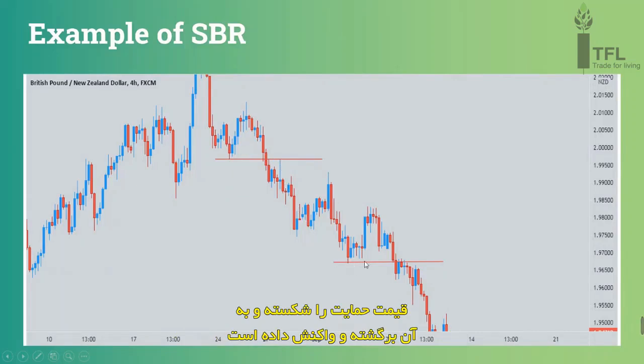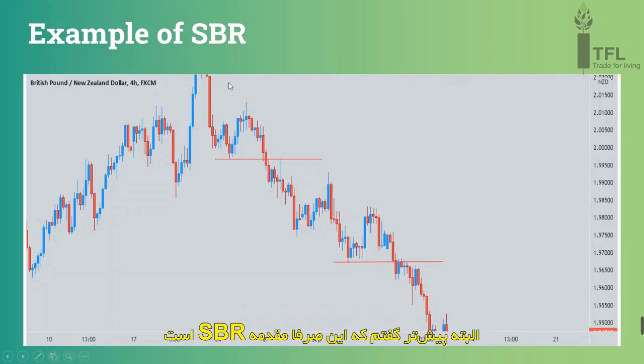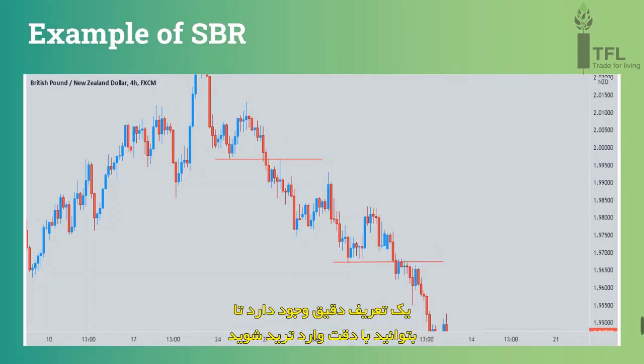All right, you can see it. The price breaks and then comes back to this area and then bounces. So this is an example of SBR. Of course, like I told you earlier, this is a rough idea of an SBR. There is a very accurate definition so that you guys can go into the trade more accurately later on. So keep that in mind.